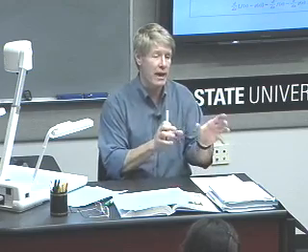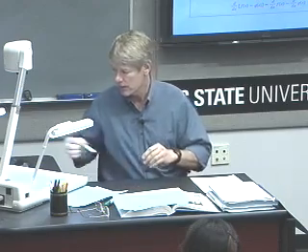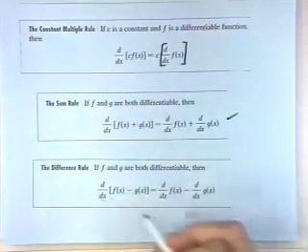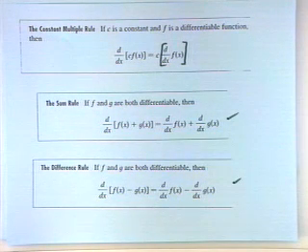Things that are added and or subtracted can be rearranged, right? As long as we take care of the addition and subtraction signs, and that's all they've done. So the derivative of a sum is the sum of the derivatives. That comes in very handy. And the derivative of a difference is the difference of the derivatives. But those proofs are in your book. I'll leave those to you to take a look at.